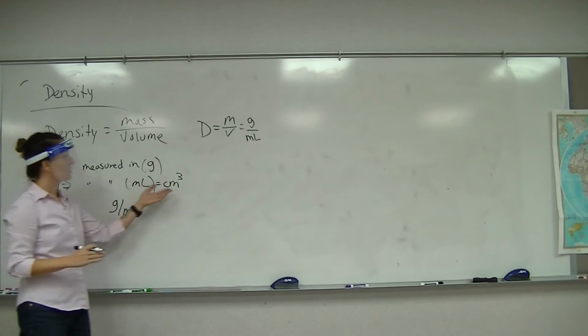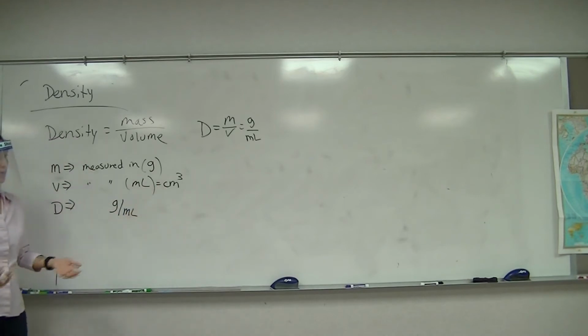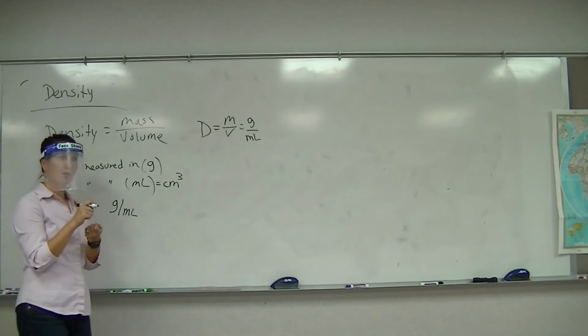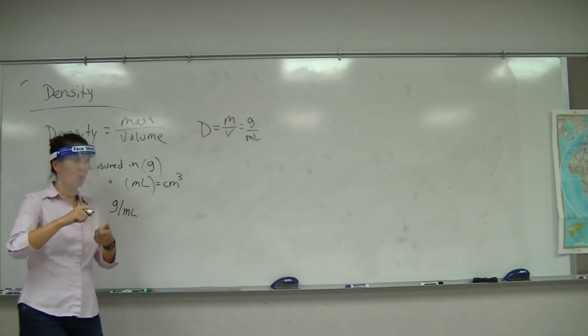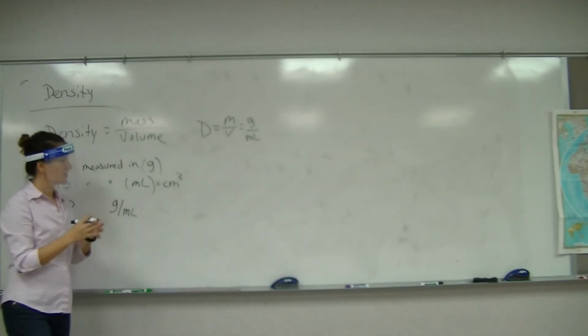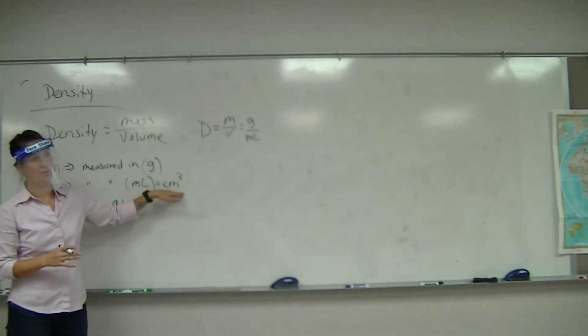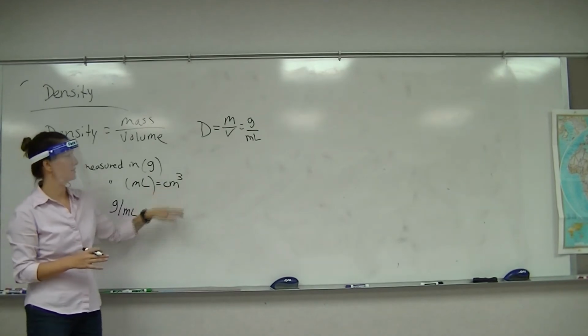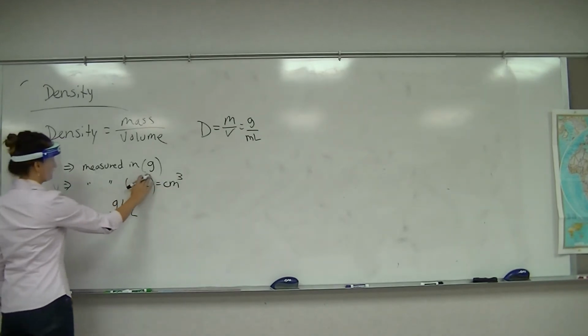But if it's a solid that we're measuring, we're not going to be able to pour that into a graduated cylinder. Instead, we're going to go get a ruler and we're going to measure it in centimeters and we're going to do a calculation to calculate its volume. So if we do a solid, it's going to be centimeters cubed for the volume. And we'll see that in lab, I think, in 2 weeks when we do that one.